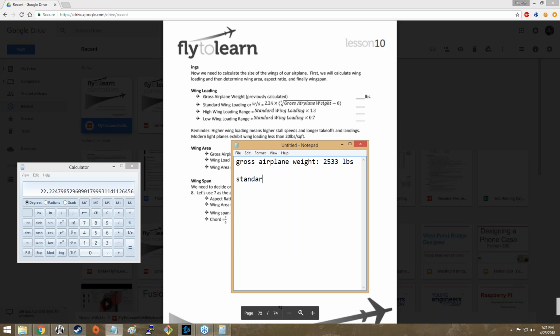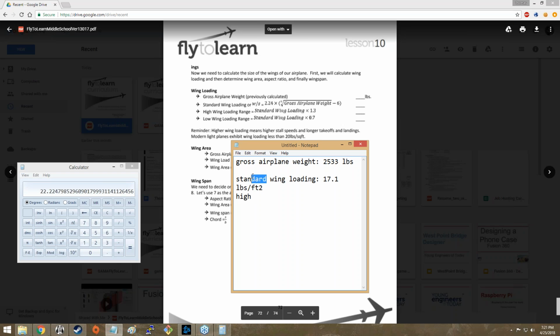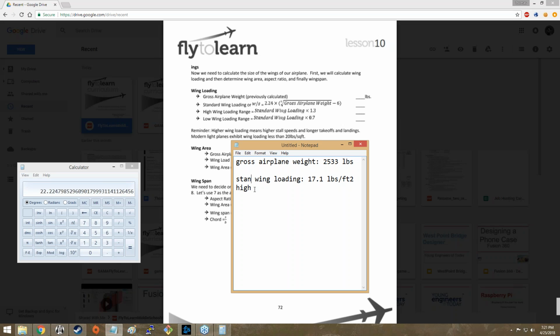So standard wing loading is 17.1 pounds per square foot. High wing loading, let's say this is standard wing loading so that we keep it all in the same line. High wing loading is 22.2 pounds per square foot.